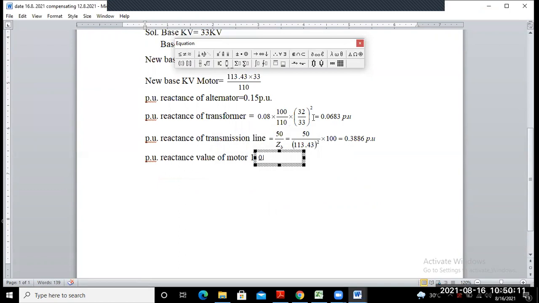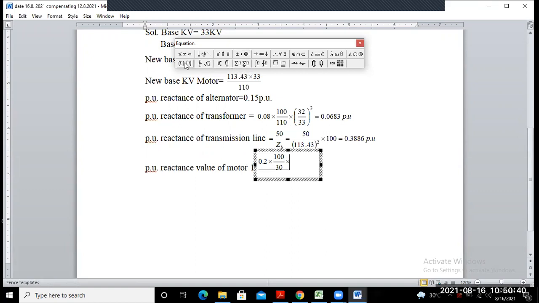So 0.2 into MVA new by MVA old: MVA new you consider as 100, divided by MVA old, which is 30, into kilovolt old by kilovolt new whole square.